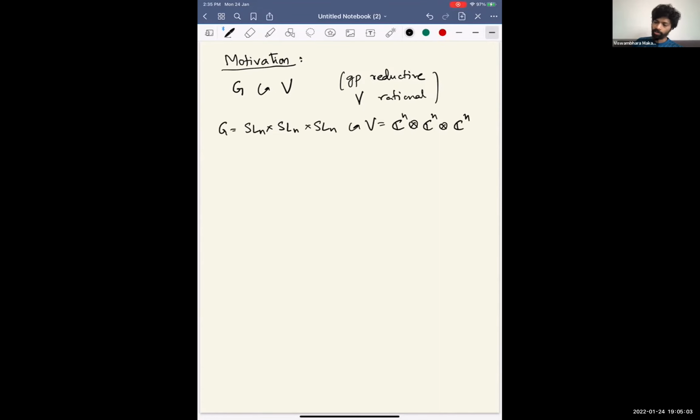Now, when you have such an action, you naturally associate these things called invariant polynomials. Let me go step by step.